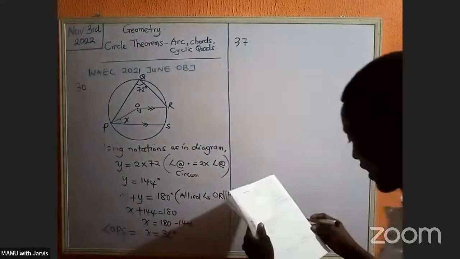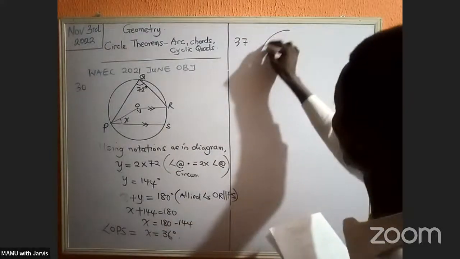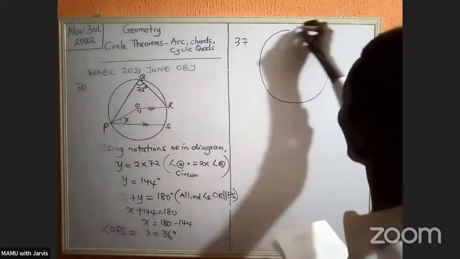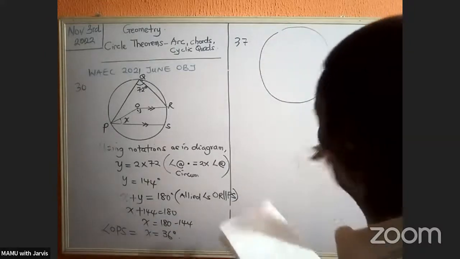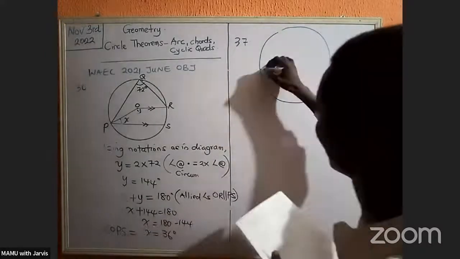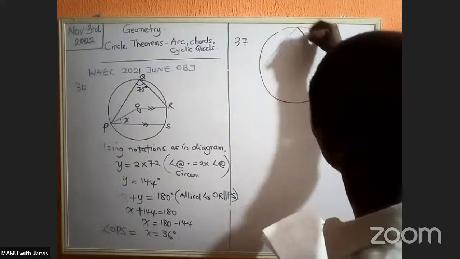Now, this is the diagram we have. Look at it. The beautiful thing about this topic is that by the time we start solving problems, you get used to it. And this is what is called a cyclic quad.